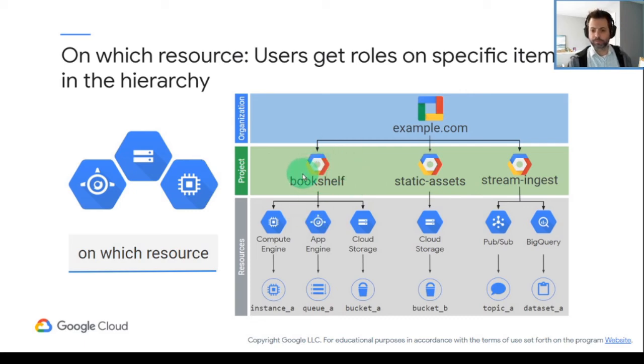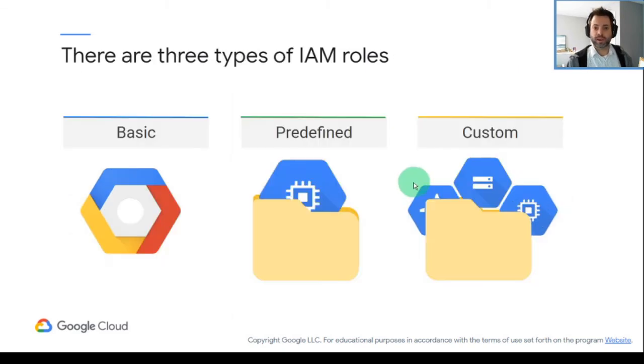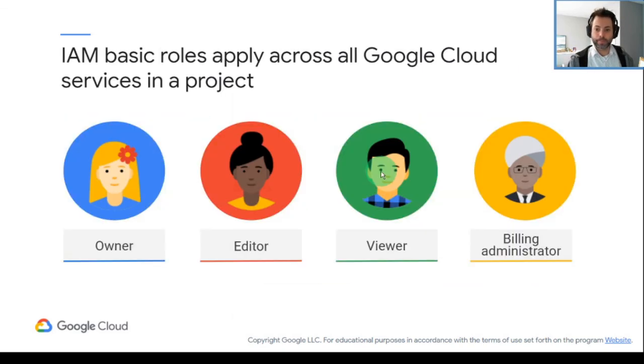So if I create a bookshelf project and I know that I need these 3 services, well, I could give a service account access to this project, give that service account Compute Engine access, App Engine access, Cloud Storage access, where maybe it's not the admin, but maybe it's a viewer or an editor or something of that nature. So we're very clearly specifying who has which access.